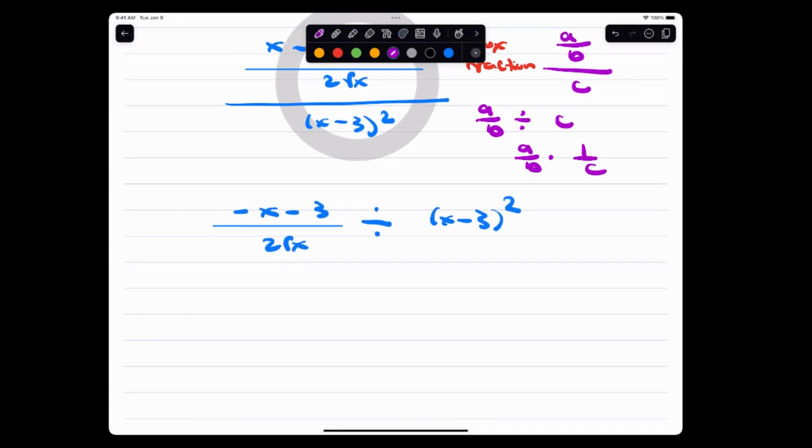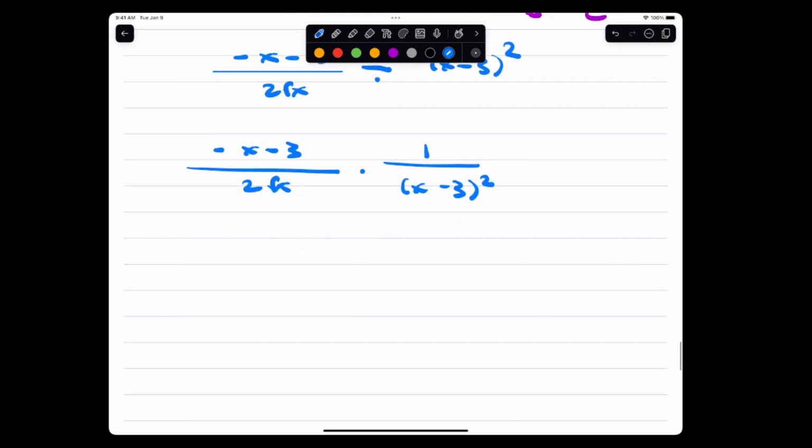So you get negative x minus 3 over 2 square root of x times 1 over x minus 3 squared. Now, that's going to be multiplying two fractions, so be careful right in here.